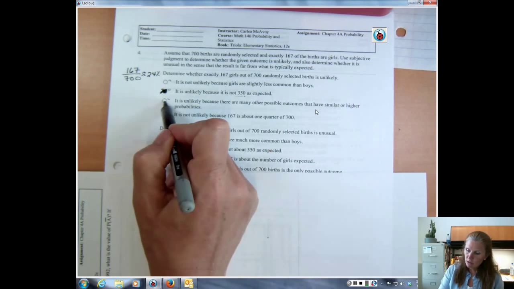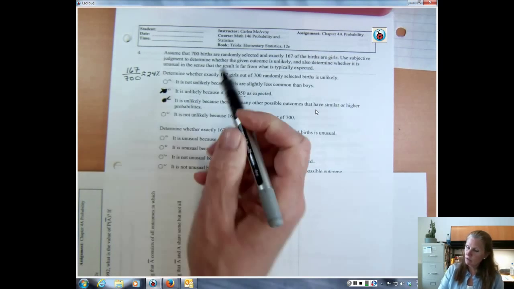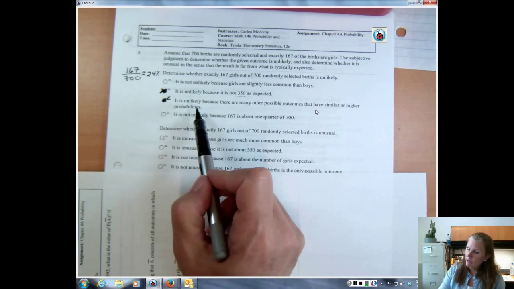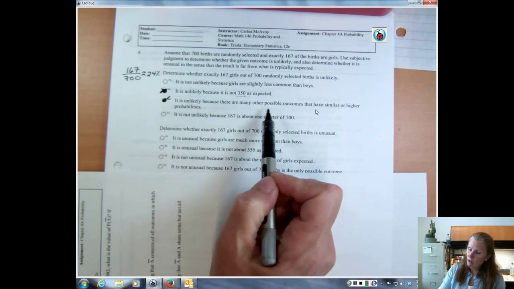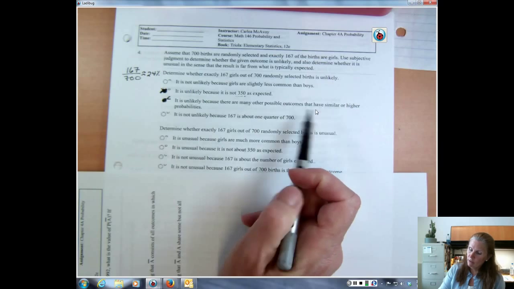Let's read through this a little slower, where I kind of gave up on it because it sounded strange. It is unlikely because there are many other possible outcomes that have similar or higher probabilities.